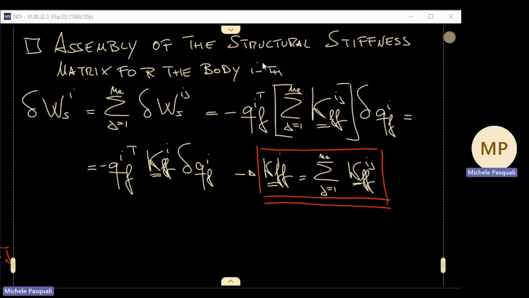So this is again the structural stiffness matrix for the body i.